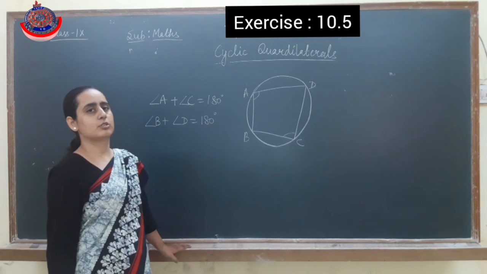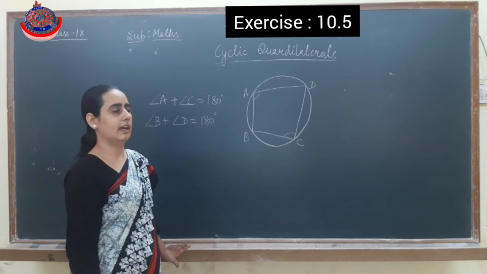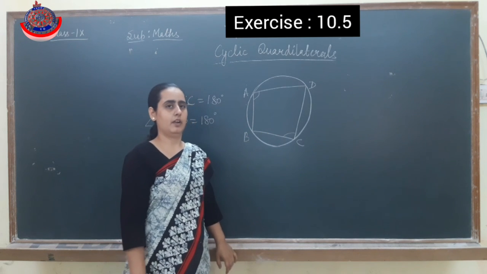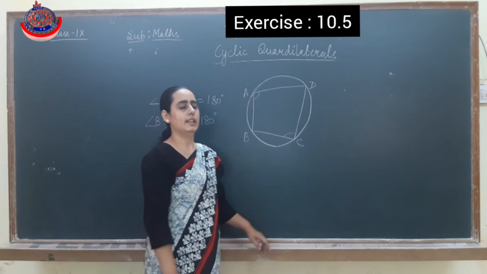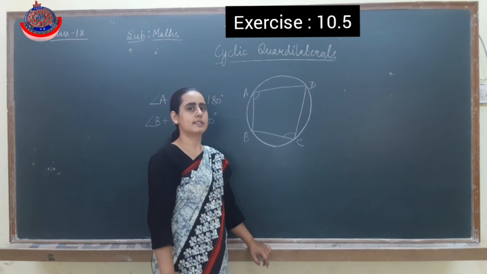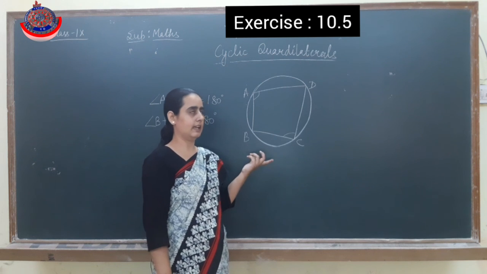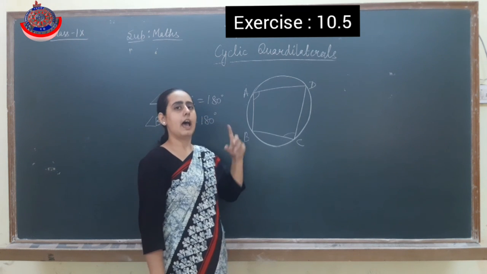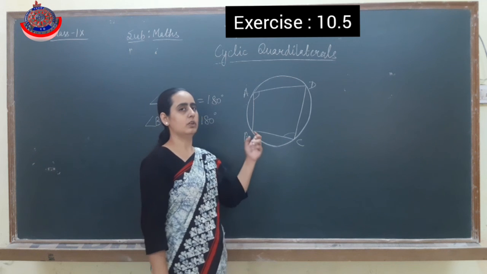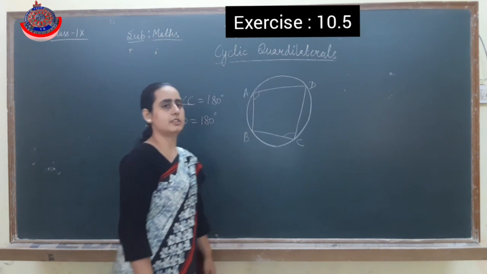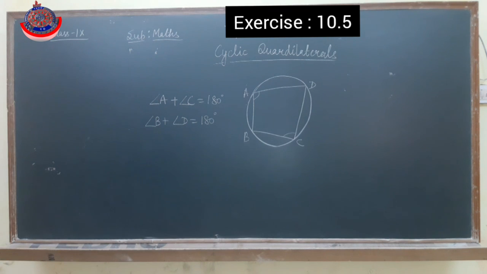And the converse also is possible if we say that if the sum of opposite angles of any quadrilateral is 180 degree, then that quadrilateral is said to be cyclic. Fine. So both things, one is if it is cyclic, then this property holds, and second, if this property holds, then we can say it is a cyclic quadrilateral. Fine. So these both are the properties of cyclic quadrilateral. Rest we will be discussing the questions based on cyclic quadrilateral.